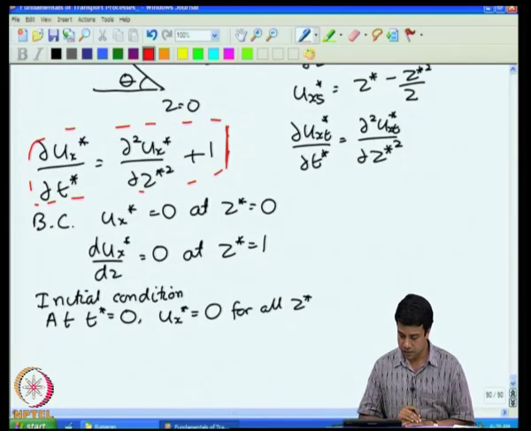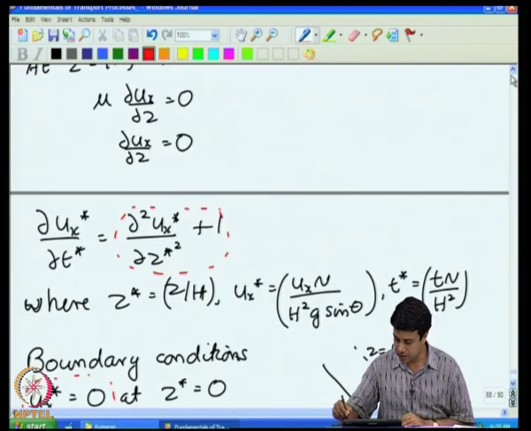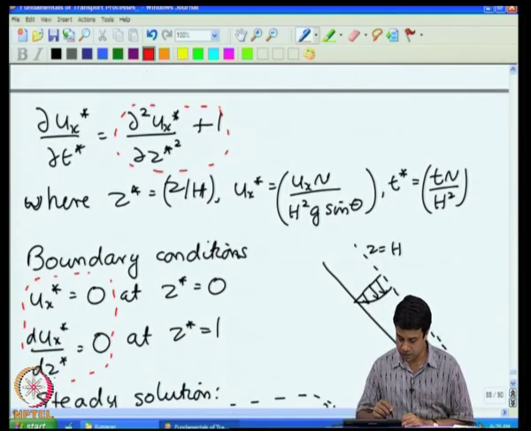Okay. For the total velocity field, I have ux is equal to 0 at z is equal to 0, derivative is 0 at z is equal to 1. For the steady part, I have exactly the same boundary conditions. Ux is equal to 0 at z is equal to 0, and the derivative is 0 at z is equal to 1.